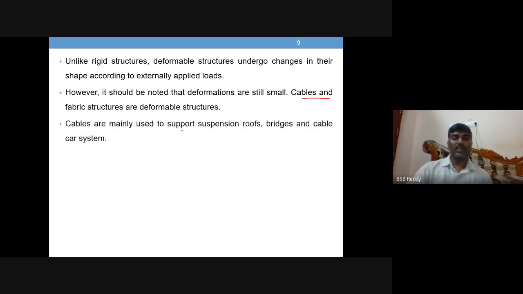Cables are mainly used to support suspension roofs, bridges, and cable car systems. Suspension roofs are very common in the case of stadiums. Something like this, you will find an arena. You have to provide the roof.